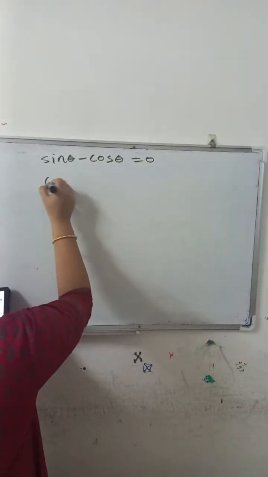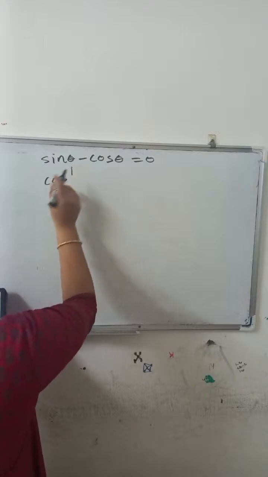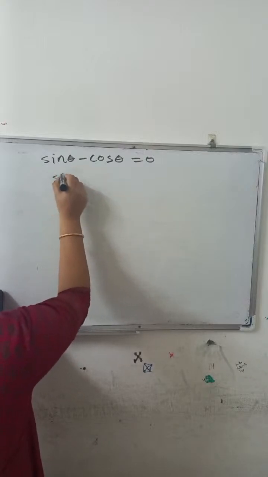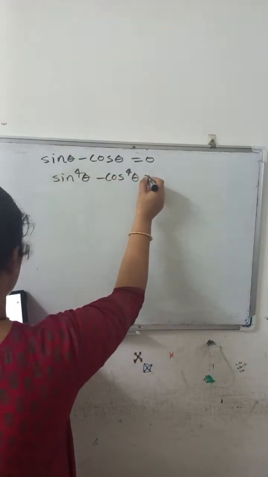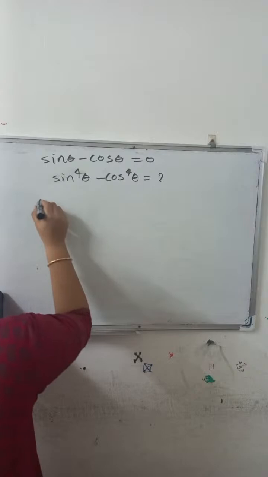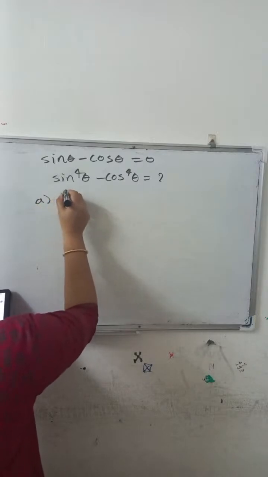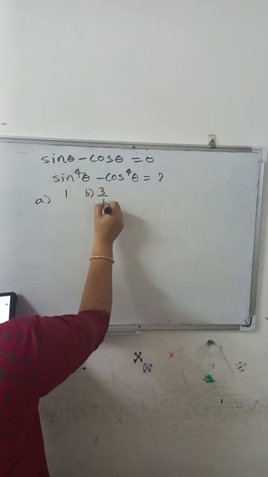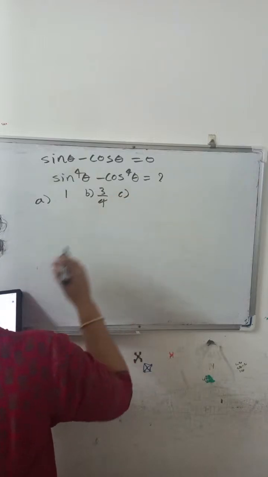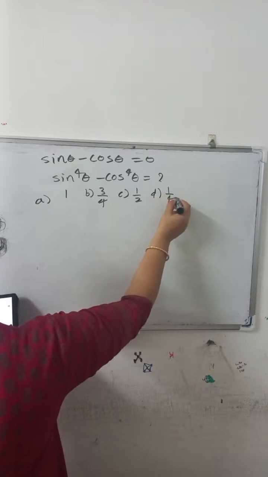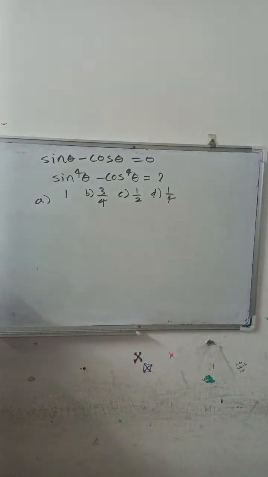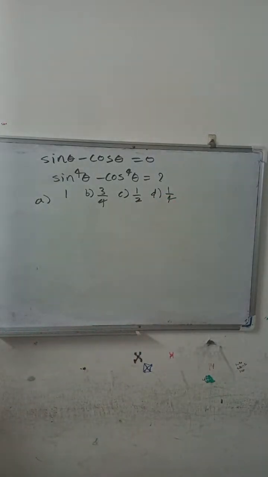Then what is the value of sin raised to 4 theta minus cos raised to 4 theta? The options are given here: A 1, B 3 by 4, C 1 by 2 and D 1 by 4. So this is the question we have.